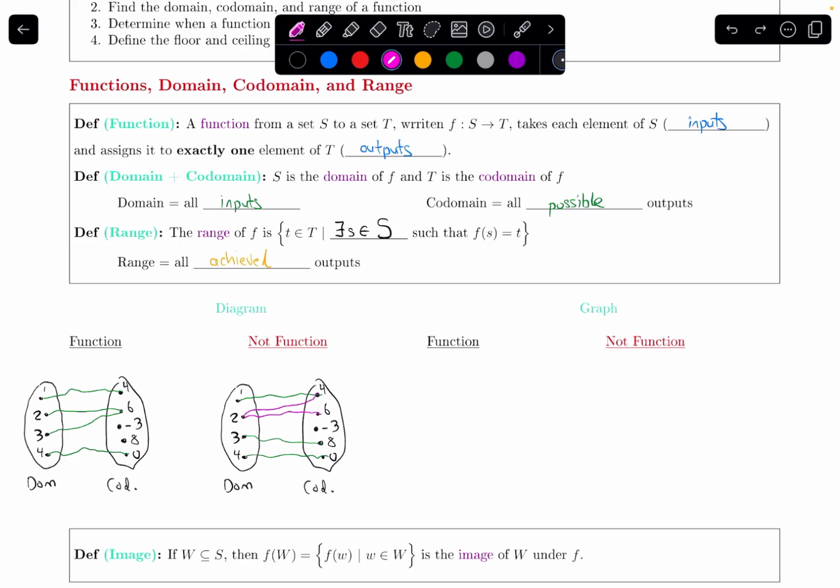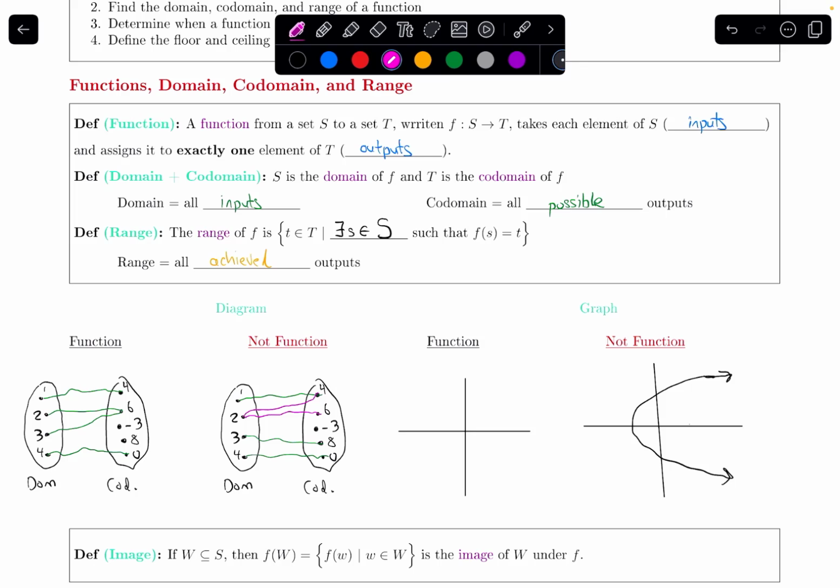All right, so graphically, let me draw some axes here. One set of axes, another set of axes. Something is not a function if there's an input like this that has multiple outputs. Graphically, what would happen is my function would not pass.